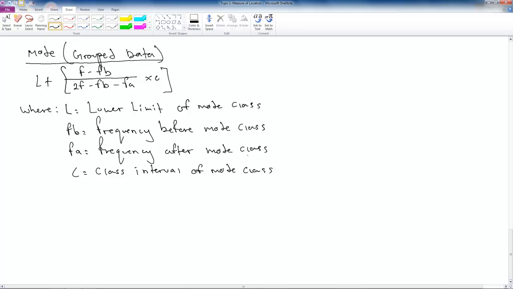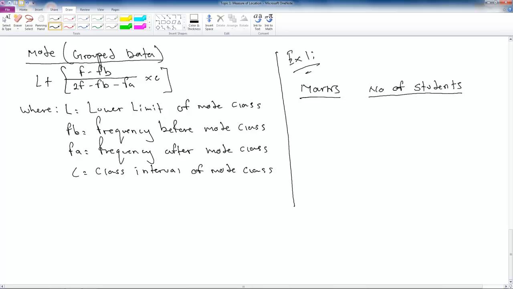Okay, so let us move on to one example over here. Example 1 over here. We have marks and number of students. 0 to 10, 10 to 20, 20 to 30, 30 to 40, 40 to 50, 50 to 80, 80 to 100.